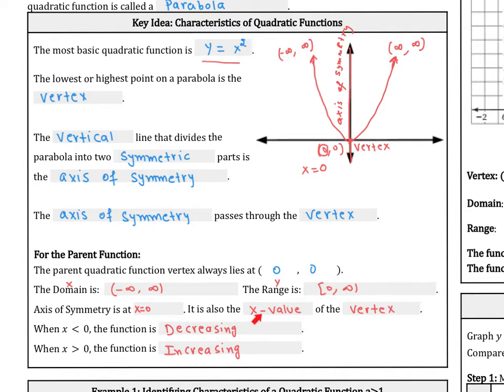It is also the x value of the vertex. When x is less than 0, the function decreases. When x is greater than 0, the function increases. So when x is less than 0, which means this part right here, the function decreases. When x is greater than 0, it increases.